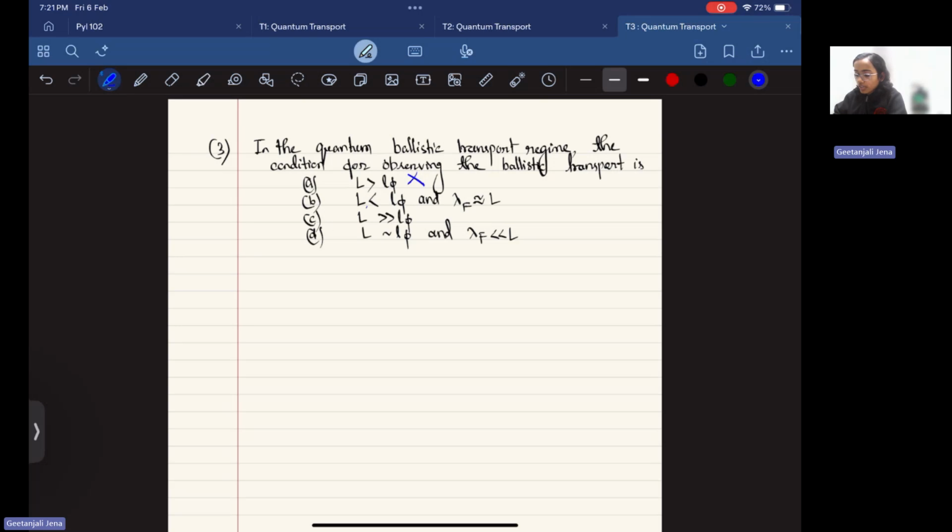In option B, we have device length less than the phase coherence length, and the Fermi wavelength is on the order of the device length. That means, which is true for the quantum ballistic transport. So option B is the right option. Options C and D are obviously not the case. So the answer will be option B.